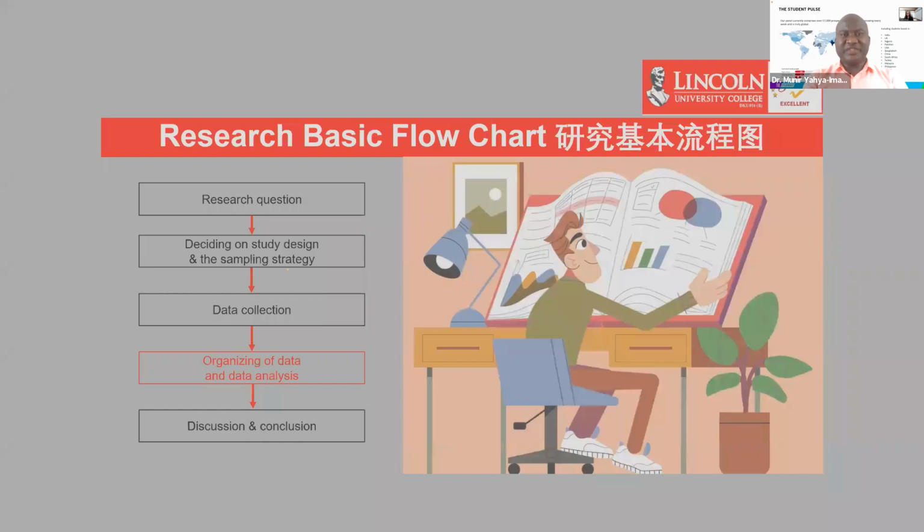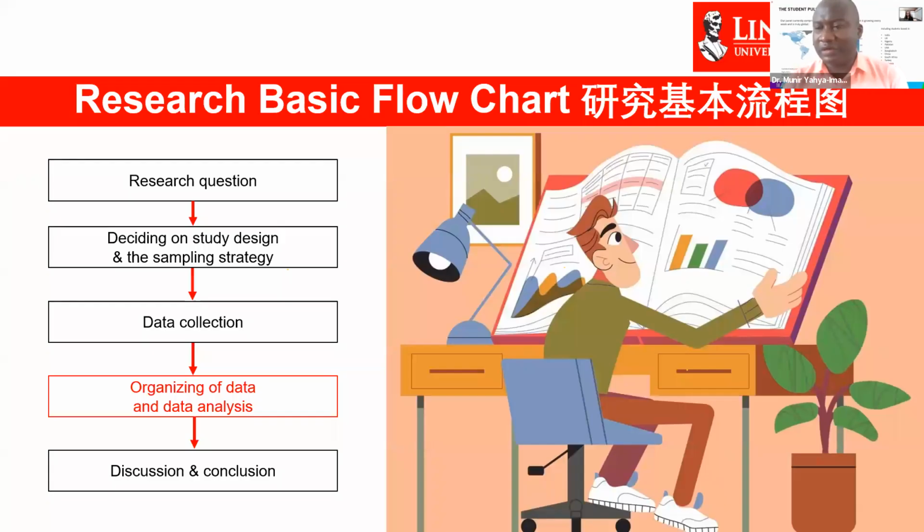Now, let's quickly look at the basic flow of research. Every research, you will have some kind of question you want to address, you want your research work to answer. Meaning that you need to prepare your research question.